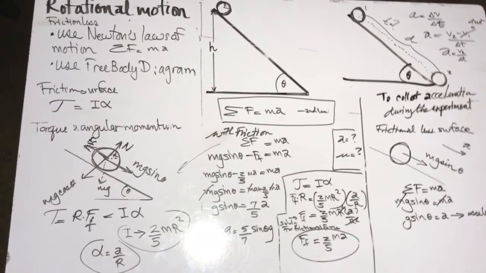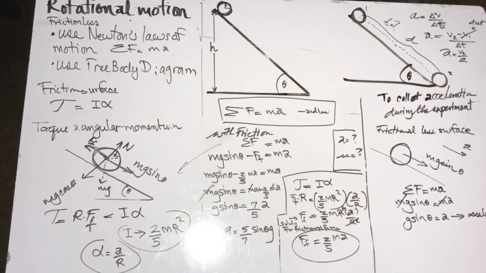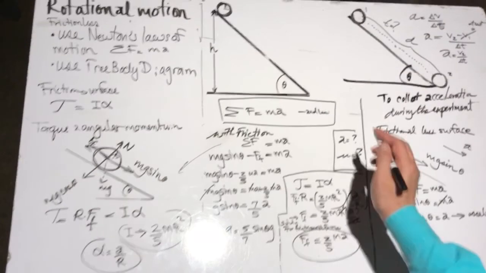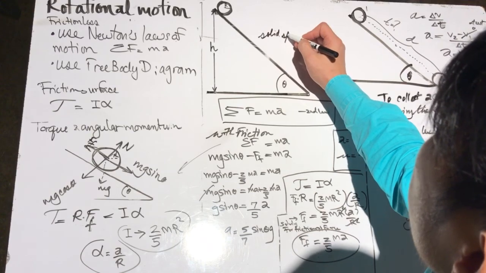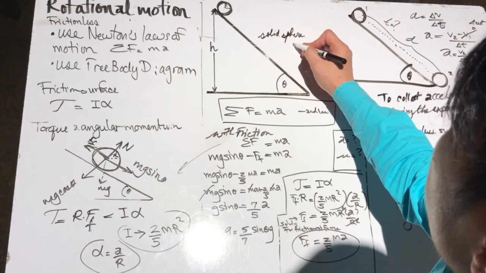Acceleration is equal to 5/7 g sin theta. I hope this helped, because for your next one, if you were to be using the cylinders, you're going to have to change I differently. So remember, this is for a solid sphere only.